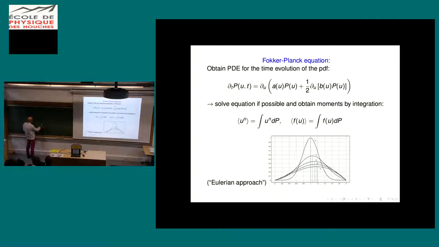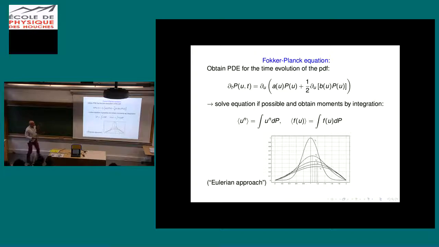At a certain time, what is the probability of a particle to jump in here, from here to jump in here, and from here to jump out? This would be the Eulerian approach, the Fokker-Planck equation approach, where you write down equations for how these evolve. So how is the probability of a particle jumping in or jumping out, and then you get this approach.